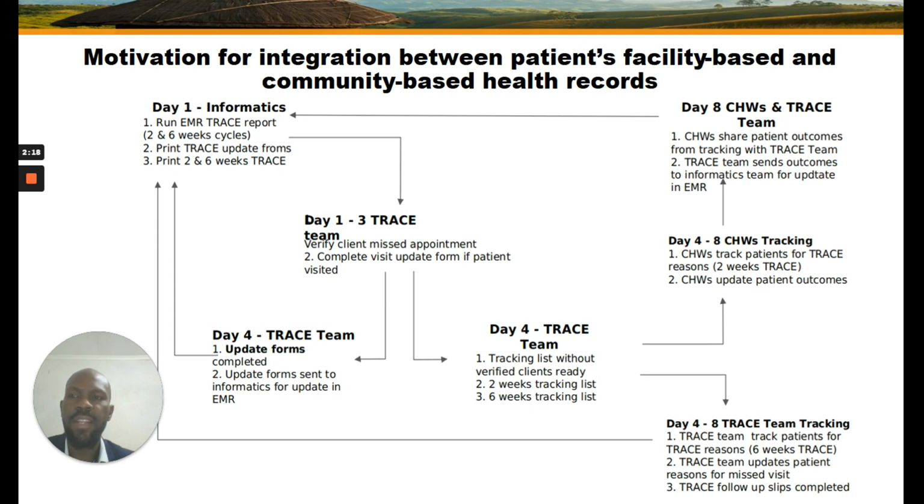And once they have verified the names, the final list on day 4 is sent to the community healthcare worker teams in the community who continue from day 4 to day 8 to visit the households to find out whether those patients probably transferred out or were lost to follow up. Once that is done, the final outcomes are shared with the medical informatics team who capture the data in the electronic medical record system.